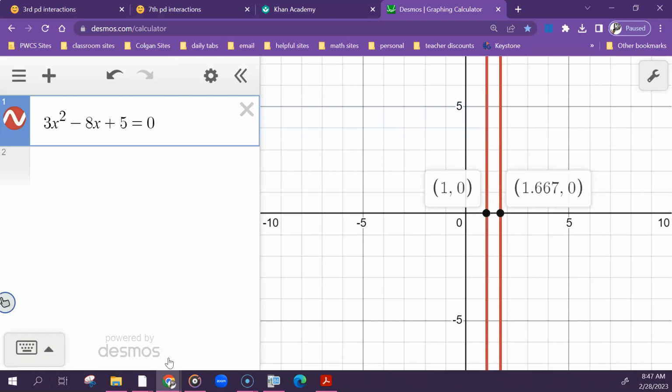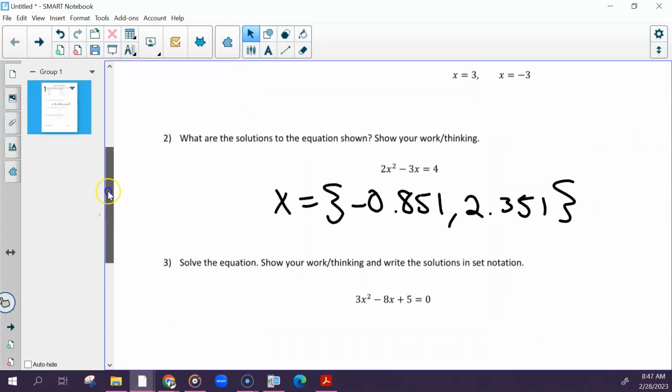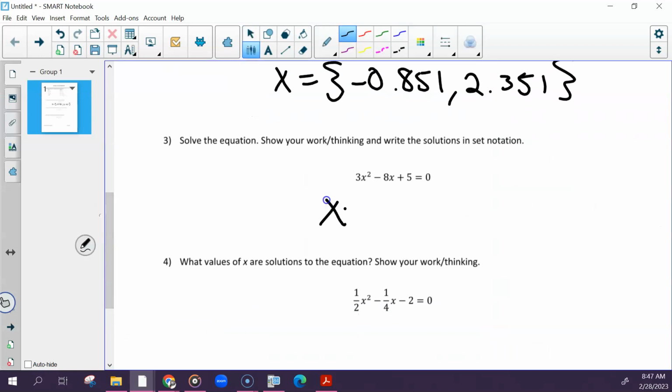You have 1 and 1.6 repeating. And then do the same thing for the last one.